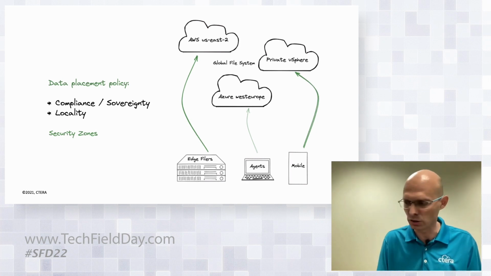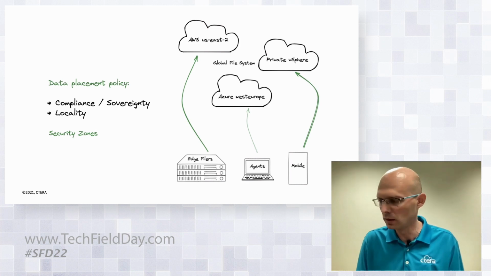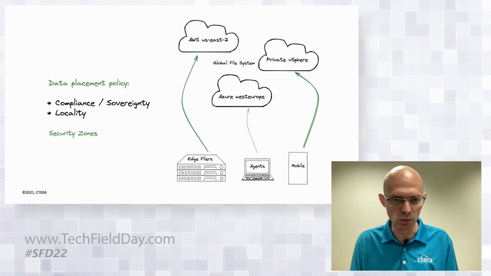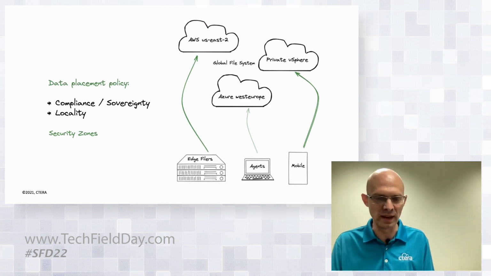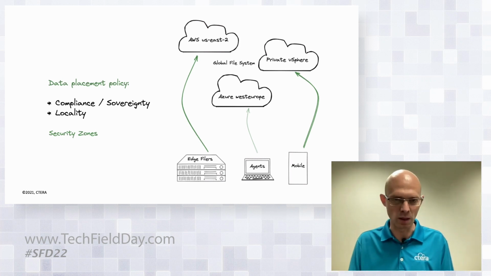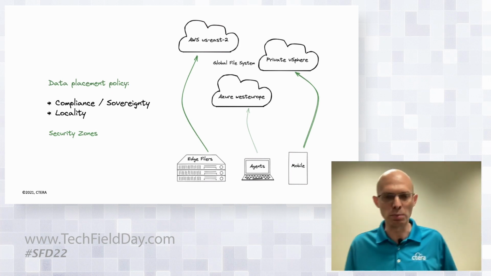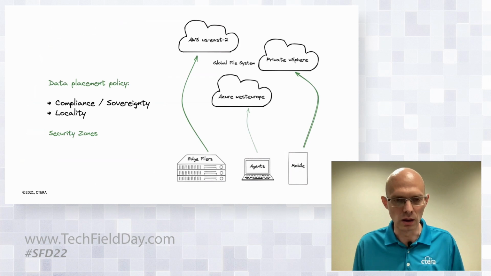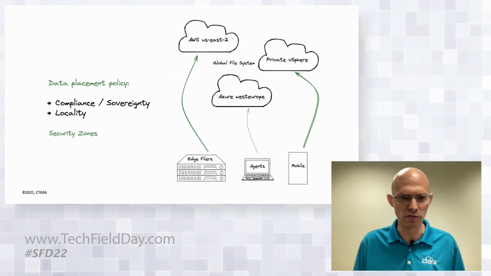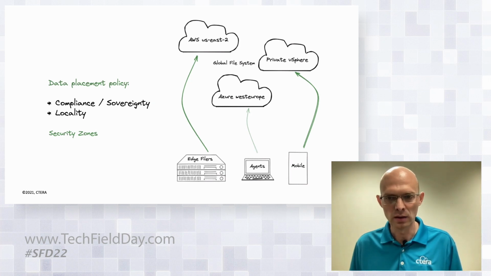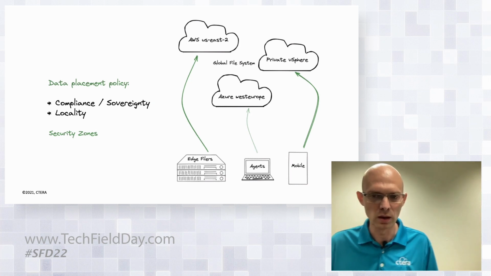So let's say financial reports for a company traded in Germany need to be stored in Germany. So in order to do that, we have a data placement policy, which is optional. You don't have to configure it, but you can. And you can define that specific pieces of the data, based on a folder level or based on the location where the data was written, will be written into a specific cloud data center or private data center, right?